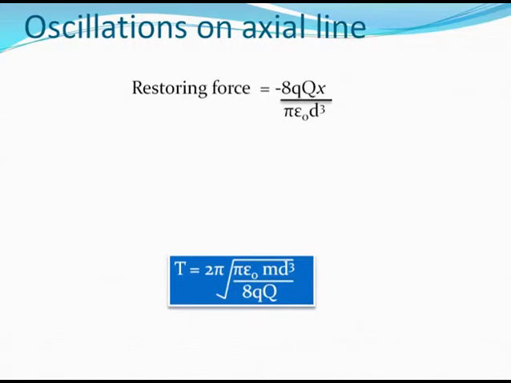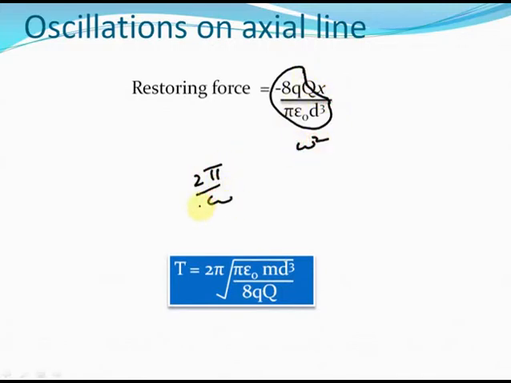We can calculate the time period because of this simple harmonic motion using our usual formula. Remember, time period is 2 pi by omega if the acceleration in simple harmonic motion is minus omega square x. So when you substitute this expression here by omega square, and then the time period becomes 2 pi by omega.